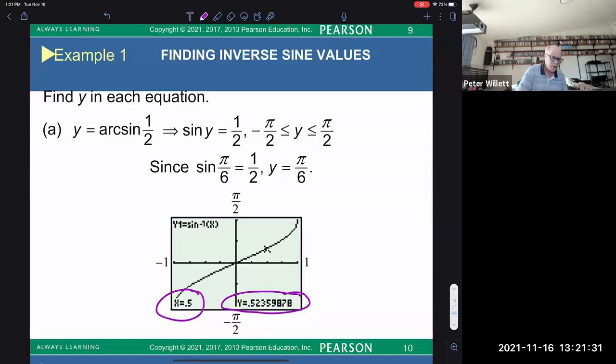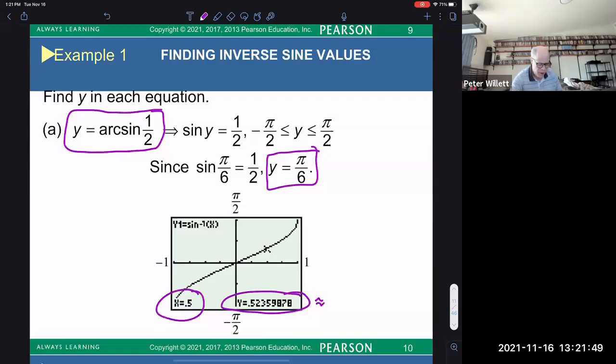But as we were just seeing, if we're ourselves evaluating inverse sine or arc sine of 1/2, the answer we should get is exactly π/6. And that's because sine of π/6 gives you 1/2. So this would be the decimal approximation of π/6 that the calculator would give you if you typed into the calculator inverse sine of 1/2.